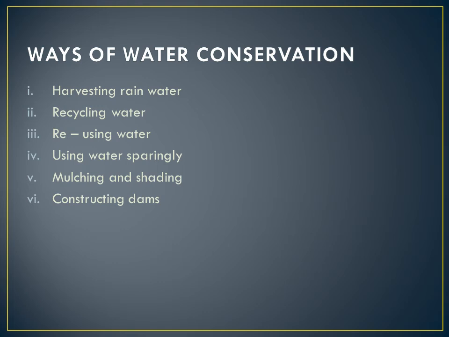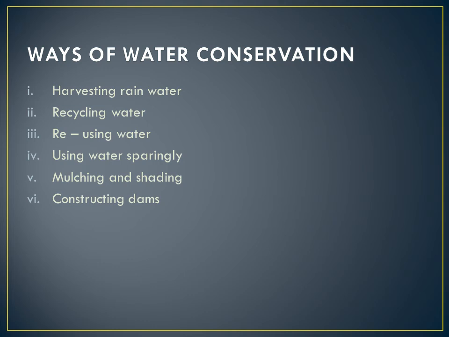Number 5, pupils, it is mulching and shading. In mulching, the soil is covered with dried plant materials such as grass. This reduces the rate of water loss through evaporation.